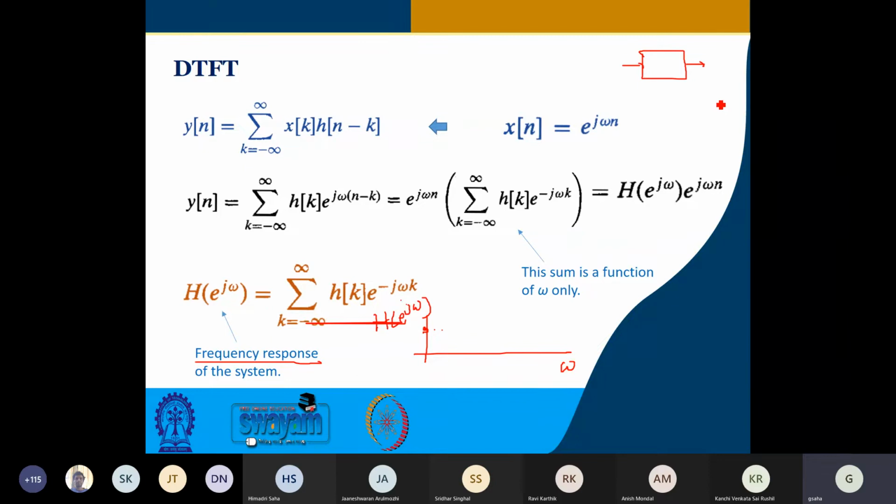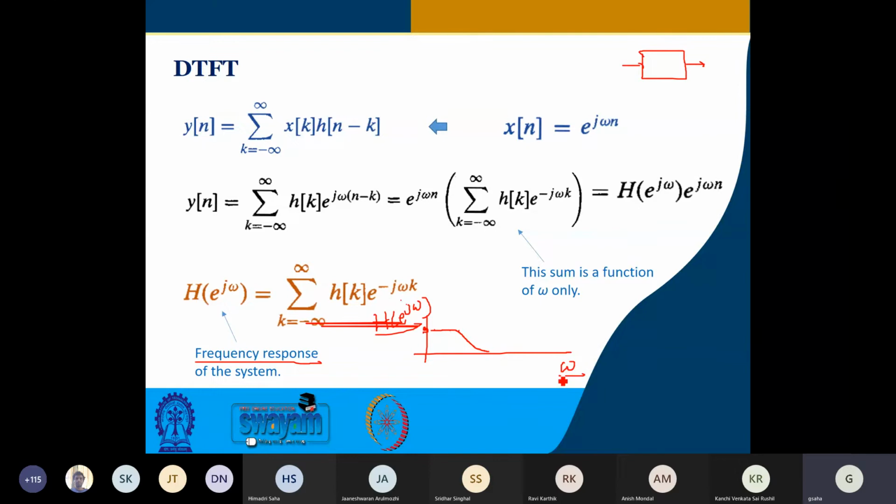You might see that the system, and we shall look at many different systems, does not behave in exactly the same manner for all these frequencies. If it is a low pass filter kind of system, you might see that for lower frequencies the magnitude of H of e to the power j omega more or less remains constant, but at higher frequencies it comes down.